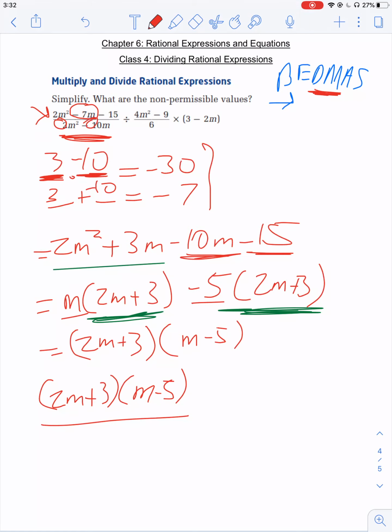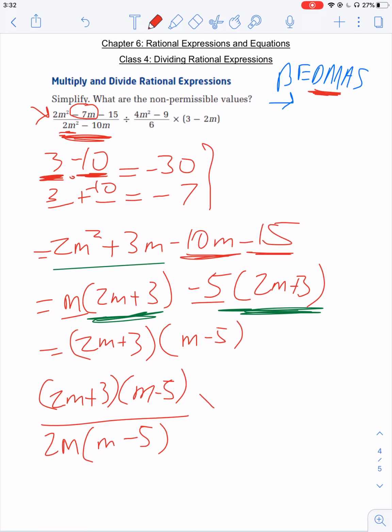When you have numbers, you find the biggest number that divides 2 and 10, and that's 2. So you're going to factor 2m. When you factor 2m, this becomes m minus 5. You can check: 2 times m is 2m squared, and 2m times minus 5 is minus 10m.